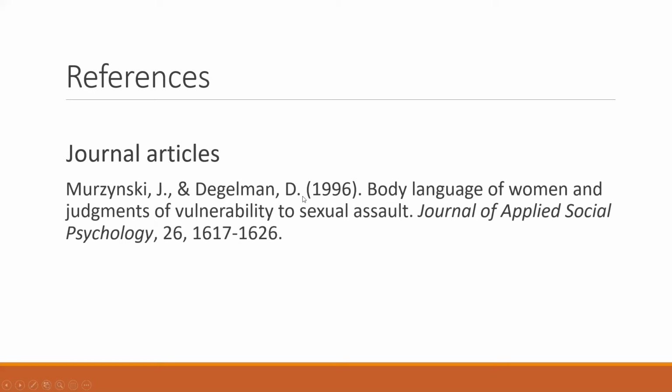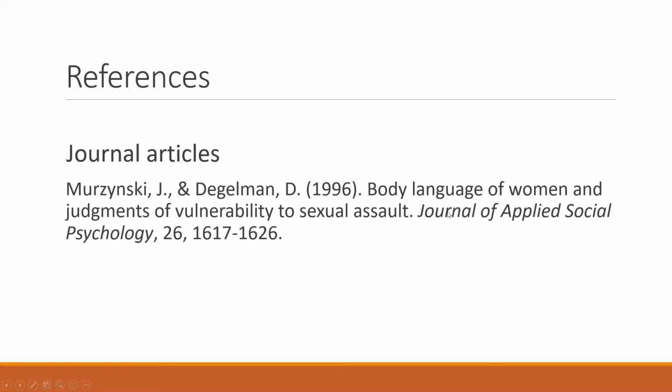We've got periods here. First name initial with a period, first name initial, period, comma, right? Capital B, lowercase l. You'll see this show up in a few different ways depending on the citation format, but let's stick with lowercase the rest of this, unless otherwise required. Body language of women and judgments of vulnerability to sexual assault.